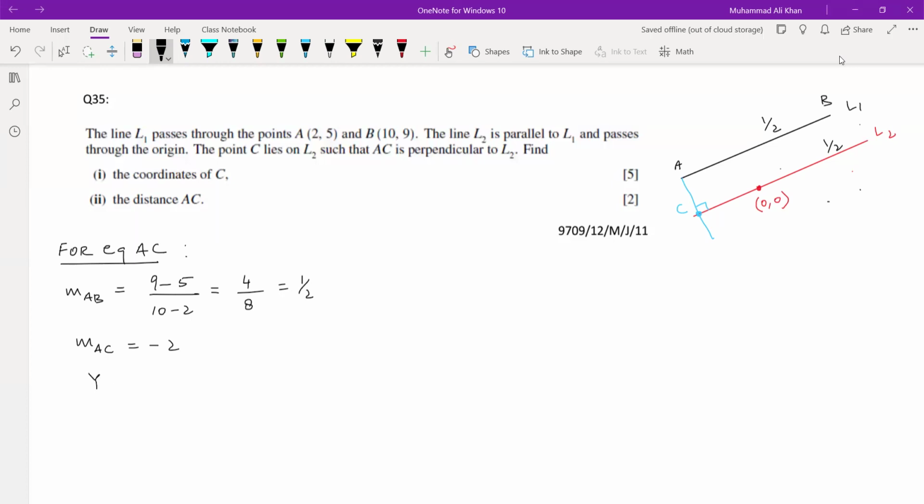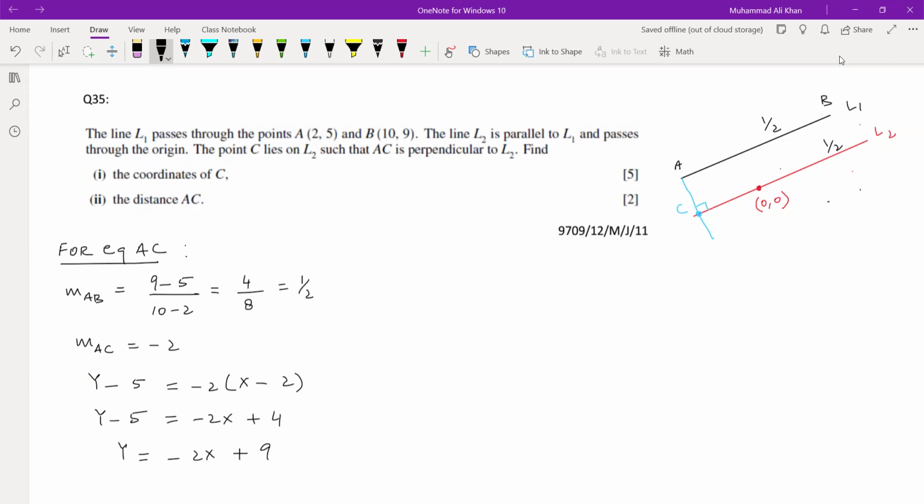So by using y minus y1 equals m times x minus x1, where x1 is 2, y minus 5 equals minus 2x plus 4, and y equals minus 2x plus 9 is the equation of line AC. Are you clear?